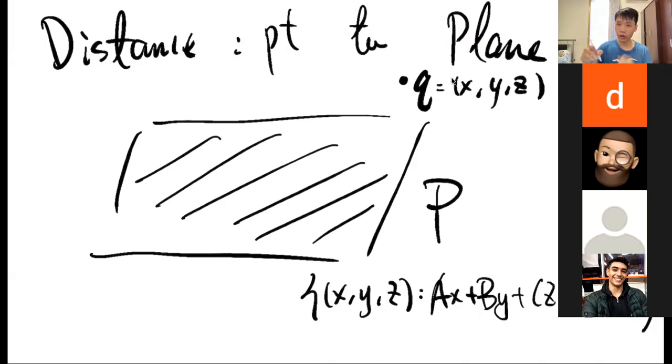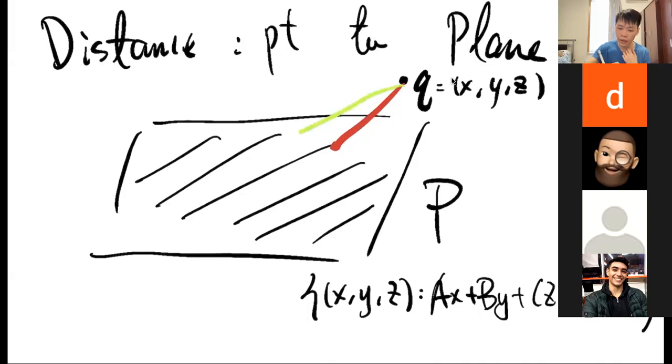Because the distance is the smallest length that the point Q travels to the plane, right? If you travel in this direction, this is the distance.